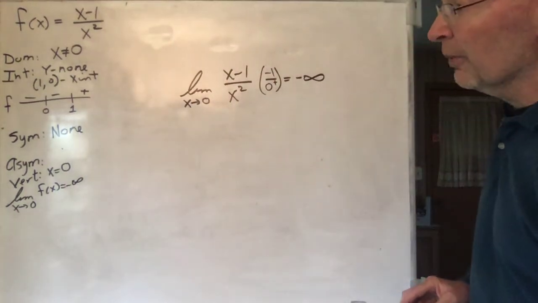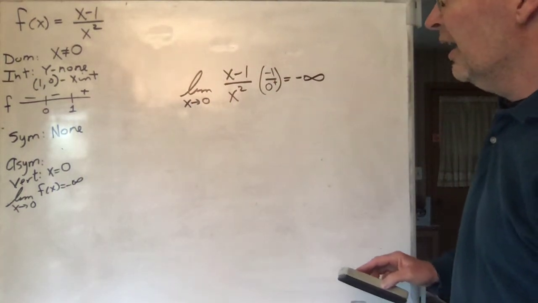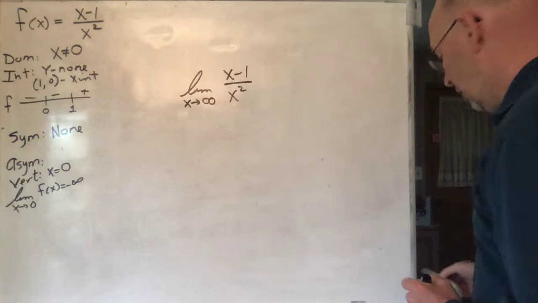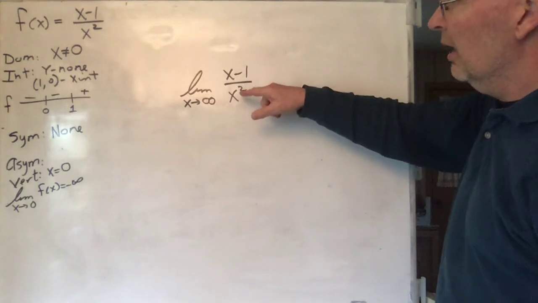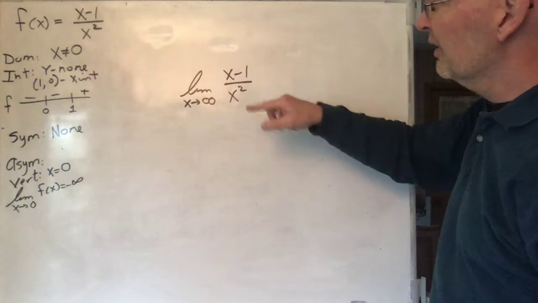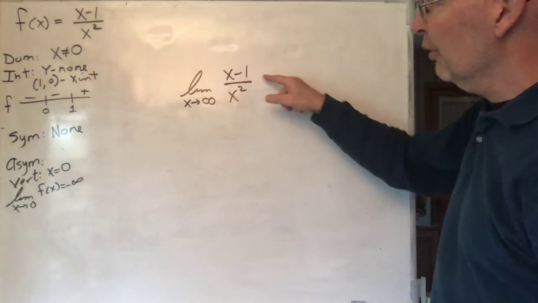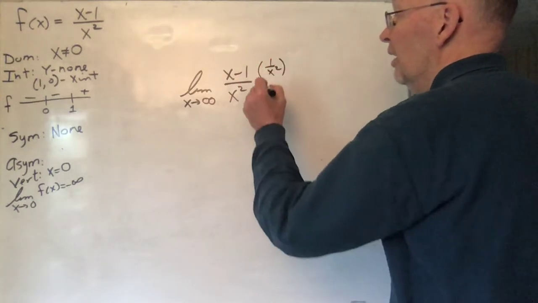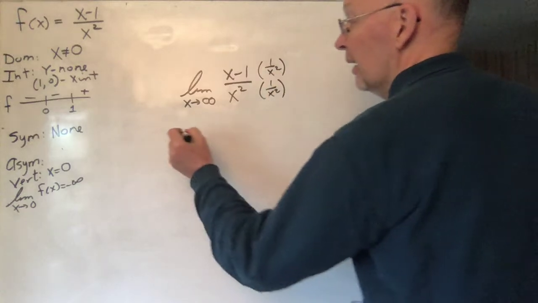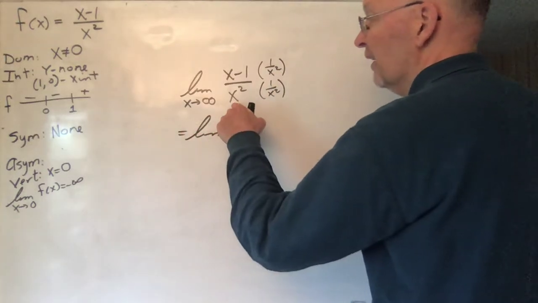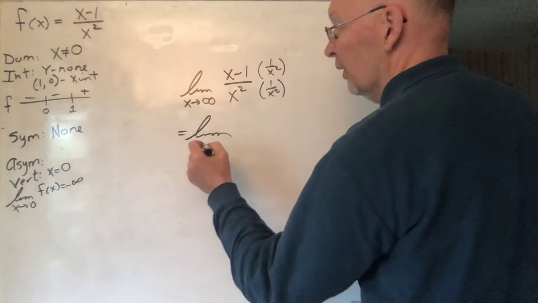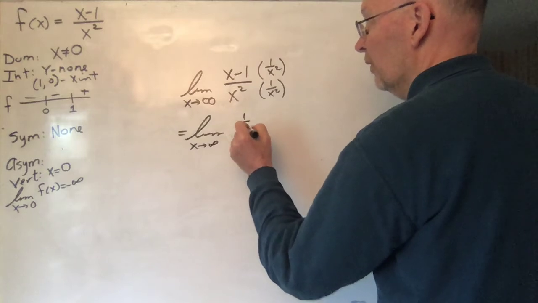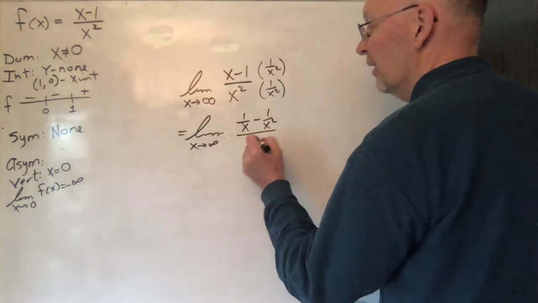Okay, so that's all the information we need there. Now let's see what happens as x goes to infinity. Remember the rule: you have a higher power of x on the bottom than on the top, so the bottom gets big faster, and the limit is going to 0. To prove that, multiply both the top and the bottom by 1 over x squared, the highest power of x on the bottom. That gives 1 over x minus 1 over x squared, all divided by 1.